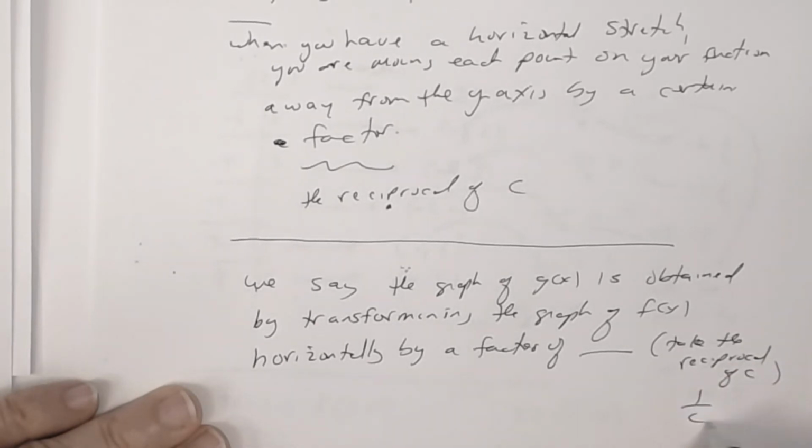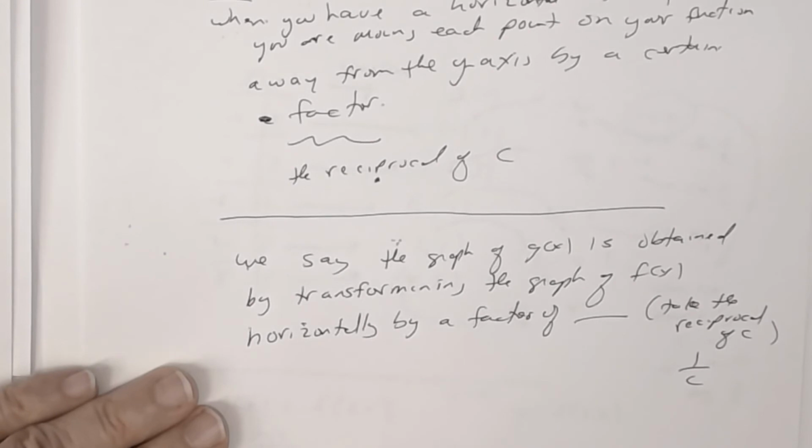So you're saying 1 over c. The reciprocal of c. Okay? All right.